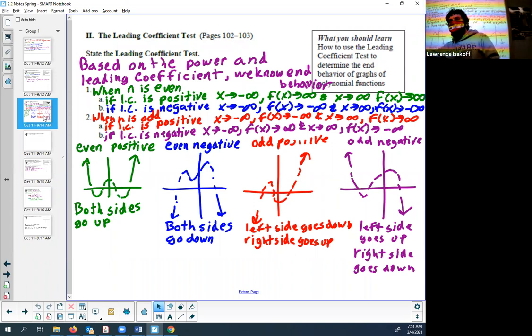I want you to look at the big picture of these. So this is our visual representation. I find a lot more students do better with the visual representation than this. You'll get more used to this formal notation as you move forward with calculus. There's going to be a little more focus on that, but for right now, we're just kind of blending the two. So you're ready for it next year.